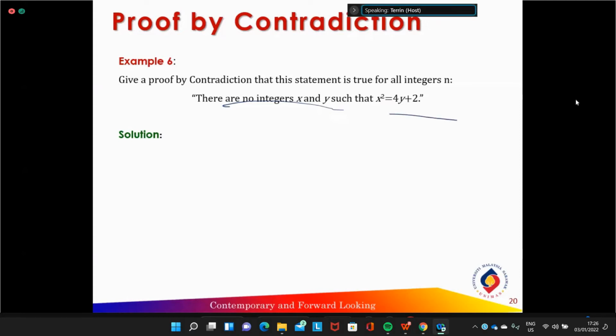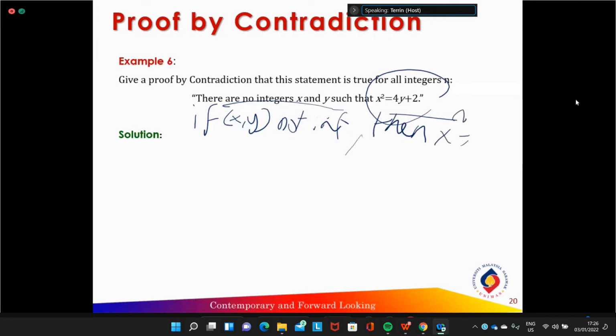So you say that if x and y are integers, then x squared does not equal 4y plus 2.